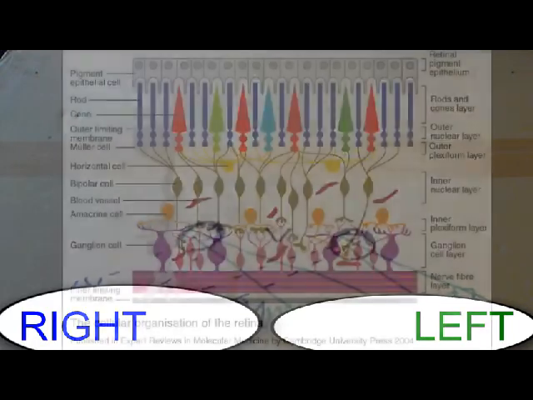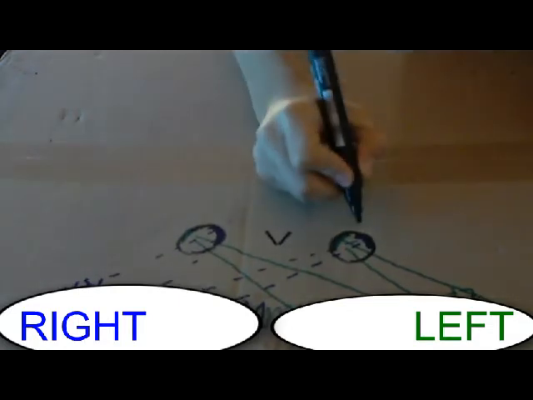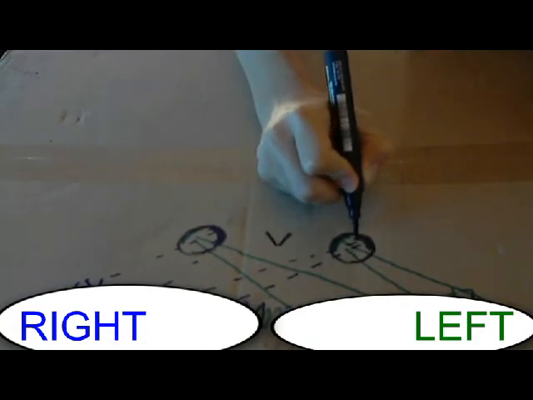That electrical energy goes through rods, cones, bipolar cells, and finally onto the ganglion cells, which form your optic nerve. And for your optic nerve, I'm going to draw them in 2 colors. One part is blue.